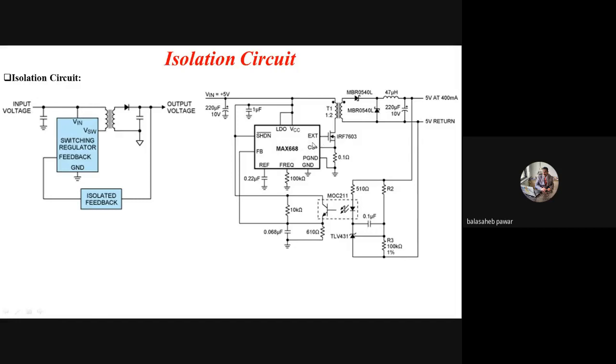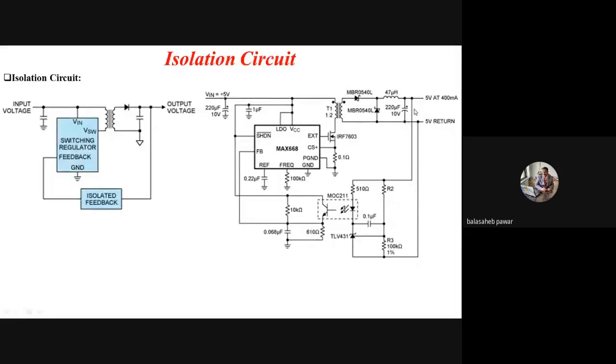If that IC senses that the output voltage no longer remains regulated as per the desired value, then the IC automatically changes the PWM, so the transistor will conduct for a somewhat longer time period. That means its T-on increases, and automatically the output voltage is refilled, boosted towards its original value.